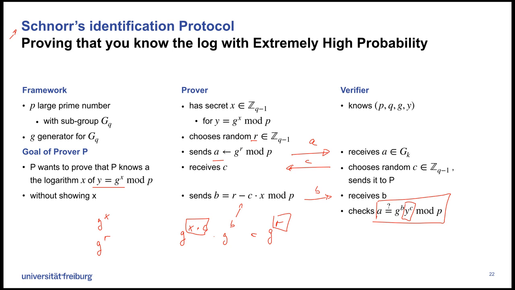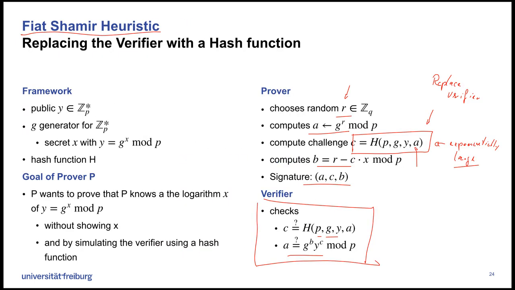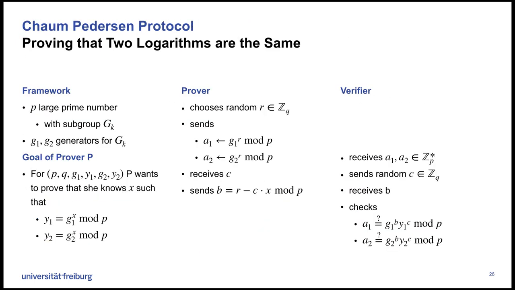Because with this protocol, you have a constant number of interactions, and you can prove, at least to an honest verifier, that you know a secret very fast. And you don't need to do these rounds anymore. And so that's something where people can say, okay, what else can we prove?